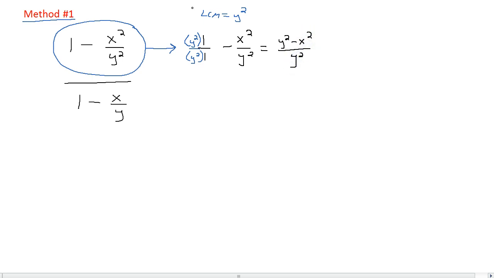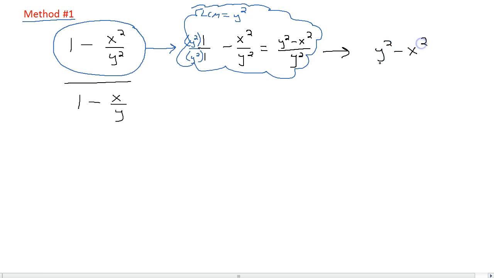Okay, so I'm just going to call this cloud work. So this numerator, I worked with it until I got it down to a single fraction: y squared minus x squared all over y squared.